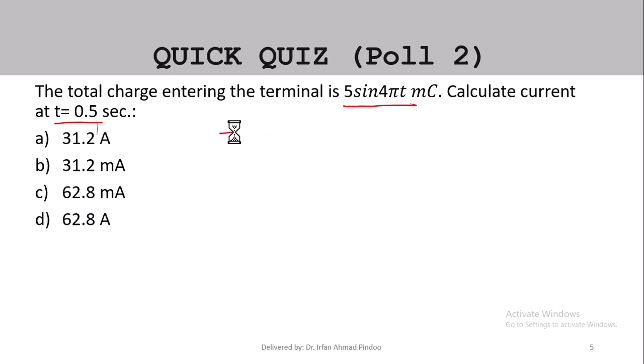Now in this case we can use the formula I is equal to dq upon dt, and the value of q is already provided, so it is equal to d by dt of 5 sine 4 pi t, and the units are in millicoulomb, that is understood.